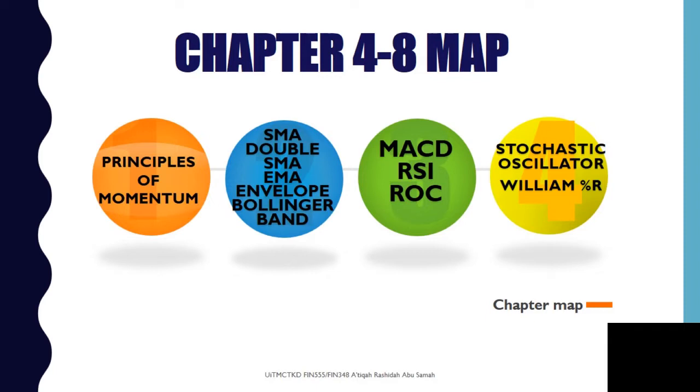And then moving average convergence divergence, relative strength index, and rate of change. And now we will continue and finish our chapter 5 with the stochastic oscillator and William percentage R.